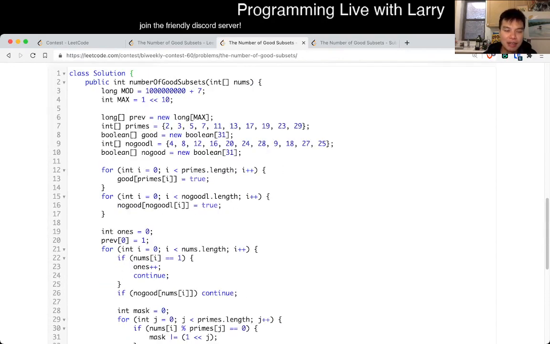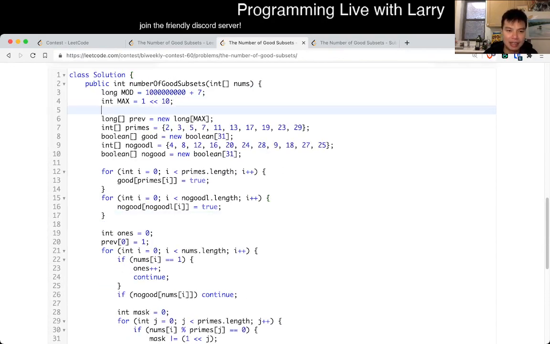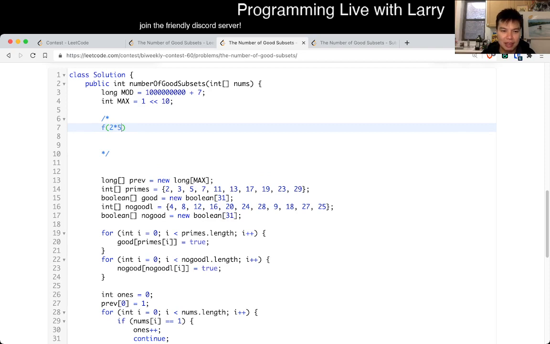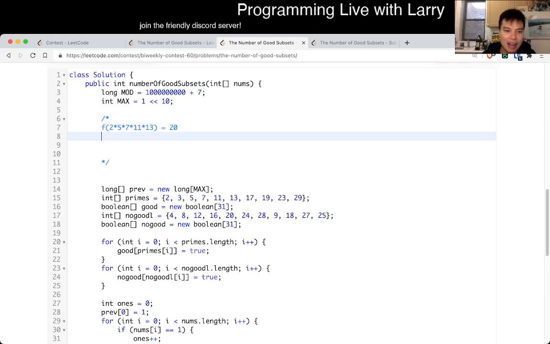So you can say that, for example, like I was saying before, you have f of 2 times 3 or 2 times 5 times 7 times 11 times 13 is equal to some number. Let's say there are 20 of them, right? 20 ways to do this. Then f of, and now let's say we're processing a 3, and what does that mean, right?